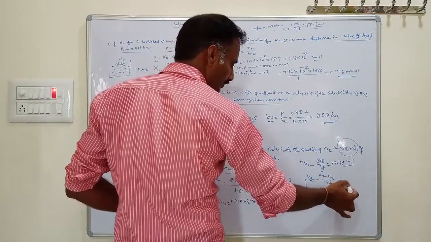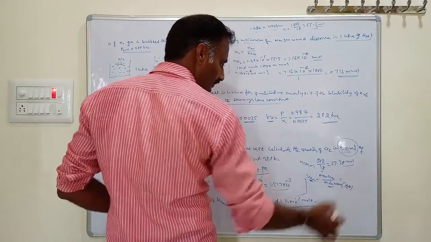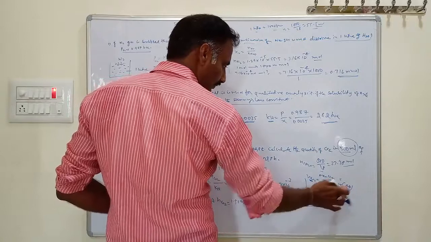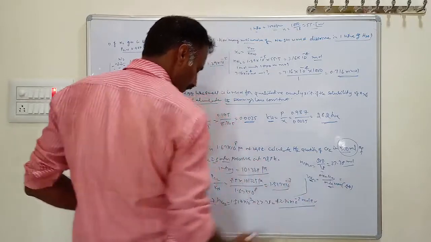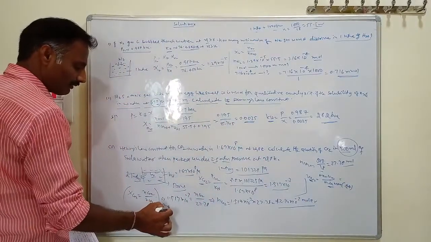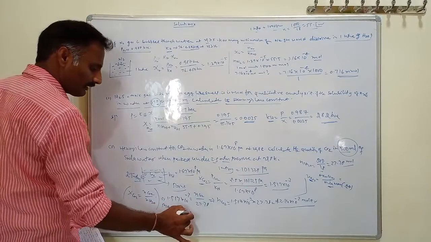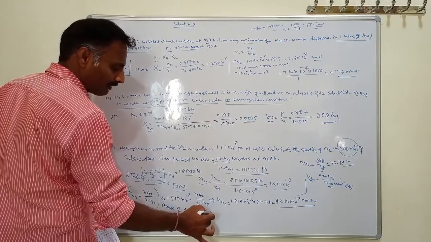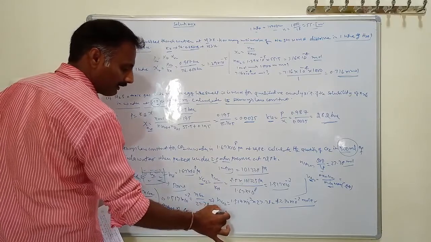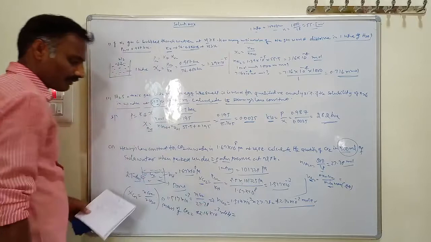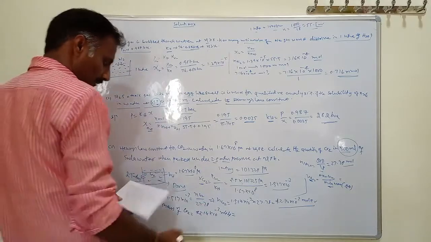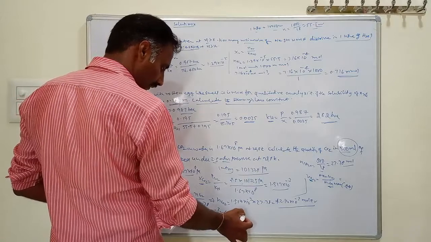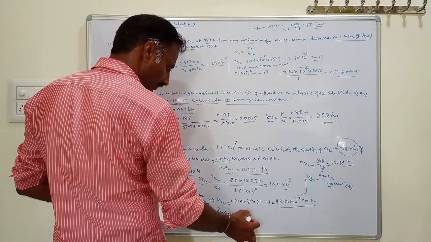The molar mass of CO2 is 44. So the mass of CO2 equals 42.14 into 10 to the power of minus 3 into 44. Multiplying 44 by 42.14 gives 1.854 grams.